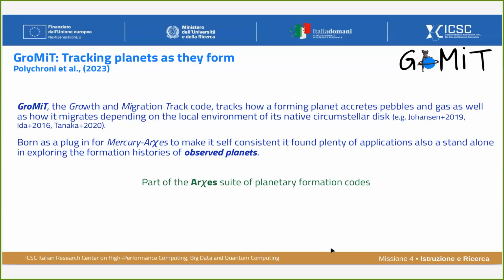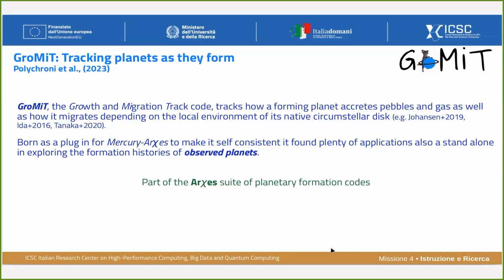So it kind of started because we wanted to have a self-consistent Mercury Archaeos code, that Diego was talking about before. It was born as a plugin for that, and then it took a different way at some point because we had a lot of requests from the GAPS consortium to basically track the formation histories of the observed planets.